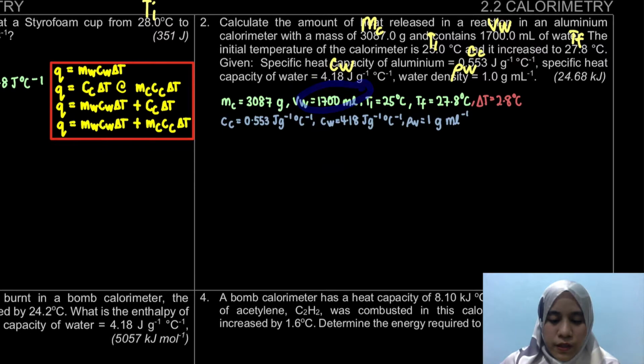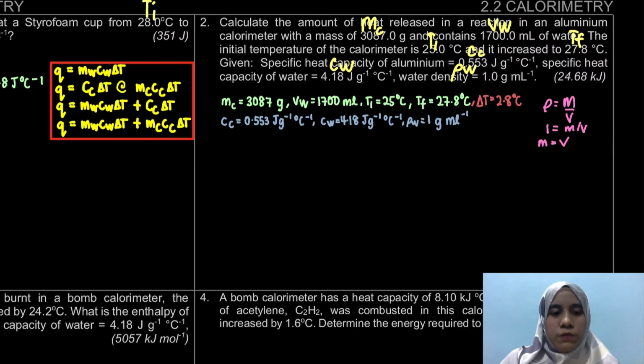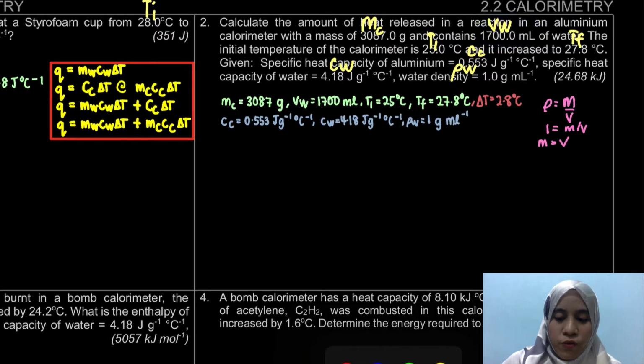Remember that for the formula of density, density is mass over volume. Since the density of water is equal to 1, for water the mass is equal to the volume. So when the question gives you the volume of water, we can assume straight away that the volume of water is equal to the mass of water.